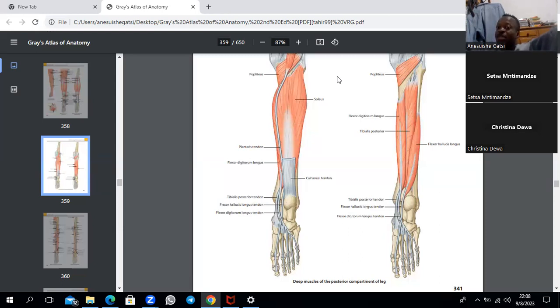But the lower limbs, they rotate 90 degrees medial. Meaning what's lateral in the upper limb, in the lower limb you find it medial. What's medial in the upper limb, in the lower limb you find it lateral. That's why even in anatomical position, you can see that the thumb is lateral, but the big toe is medial.